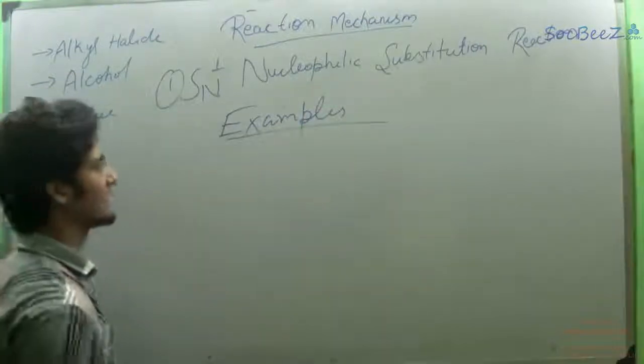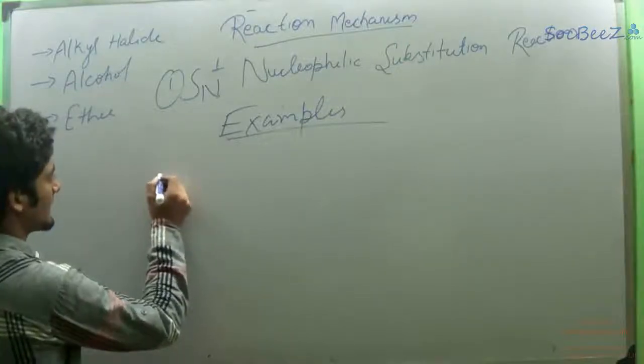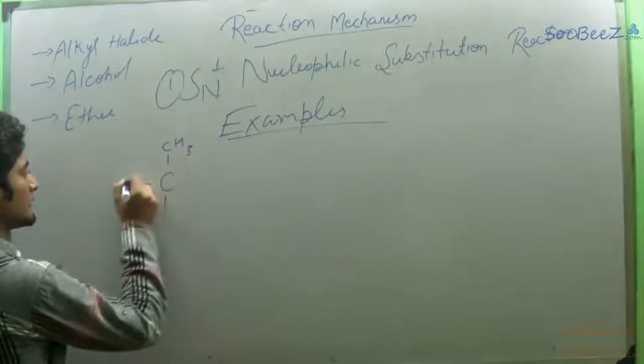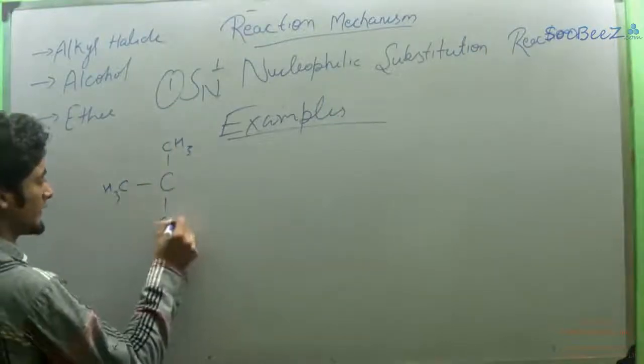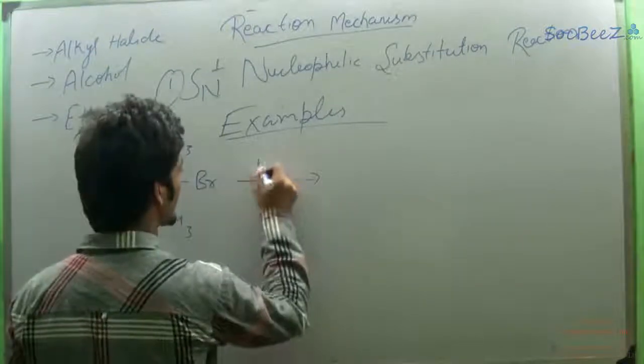Examples for alkyl halide. So, if we have a tertiary alkyl halide, let's say CH3, CH3, CH3, C, Br in presence of H2O.